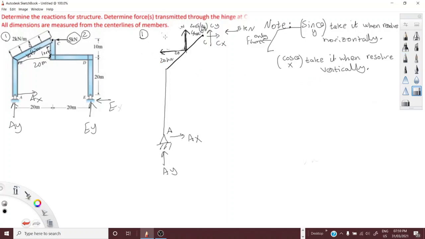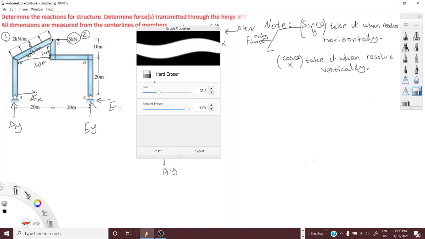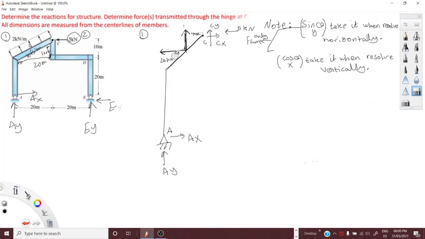Let's erase this, because we resolved the force, so no need. And we'll also resolve this one. I will remove this thing. So it will be 40 kilonewton.